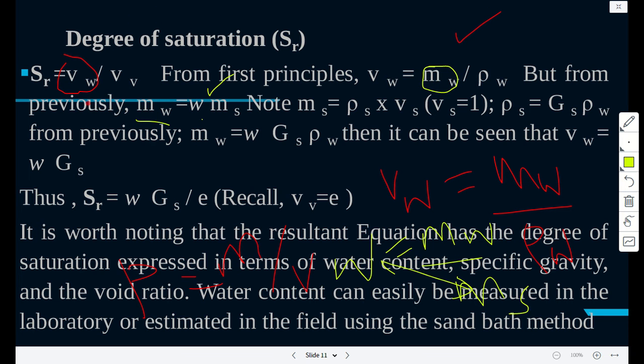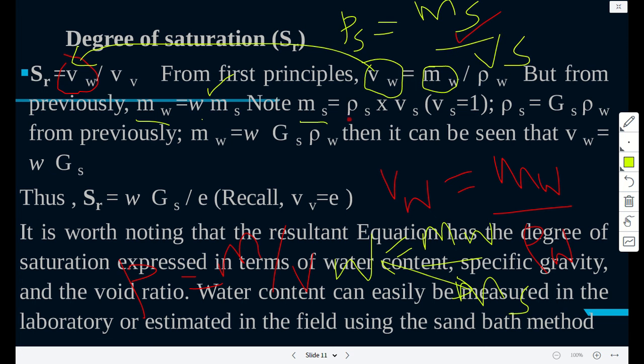Here we are interested in volume of water because we want to substitute it back there. Note that the volume of solid is, from basic principles, mass of solid over the density of the solid.